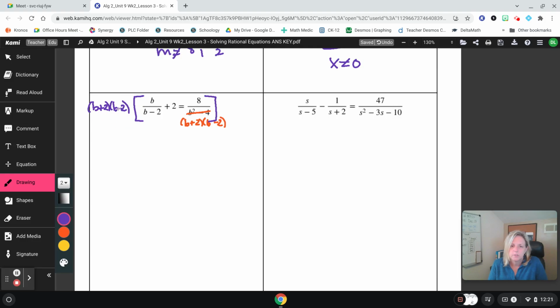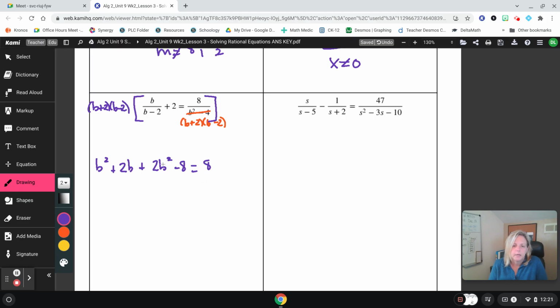Notice my b minus 2's on the left are going to cancel, so I'm going to have b squared plus 2b. You can certainly write this out in an extra step if you would like. Plus, I'm going to multiply this by my 2. I have to be careful. This is b squared minus 4, so it's going to be 2 times this, which is 2b squared minus 8. And that's going to equal just 8 on this side because my LCD is already there.